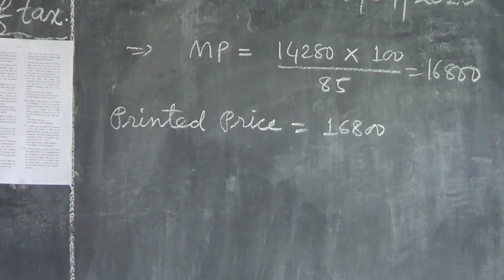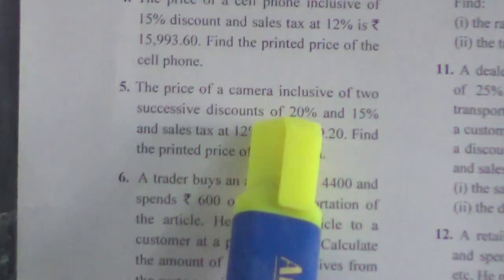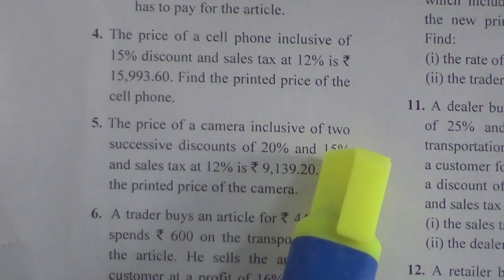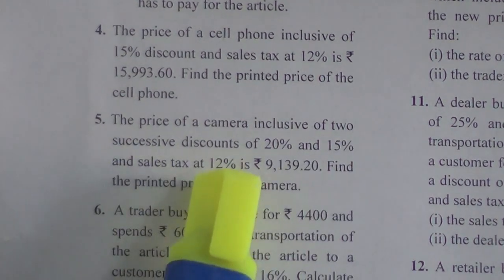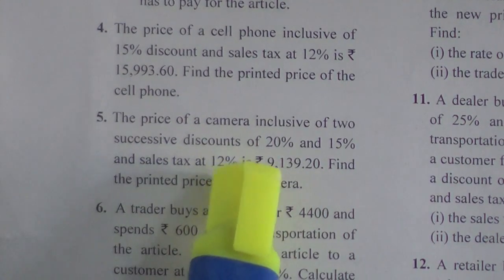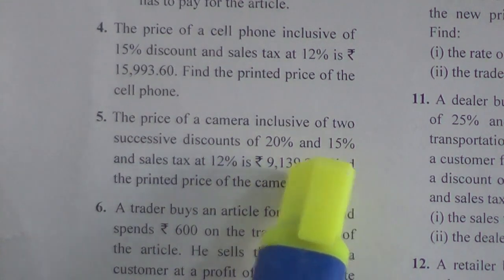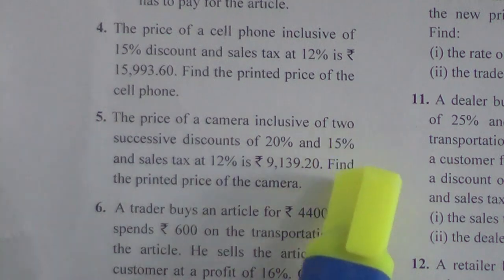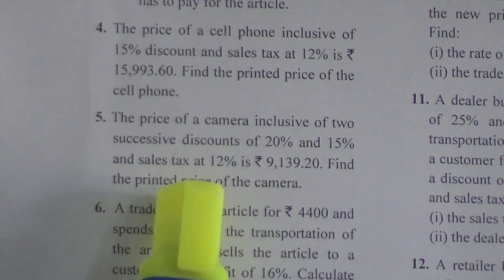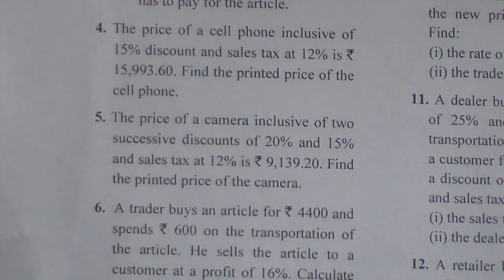The price of a certain camera inclusive of two successive discounts of 20% and 15% and sales tax at 12% is 9139.20.